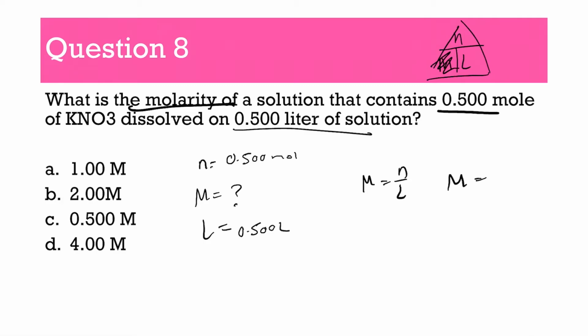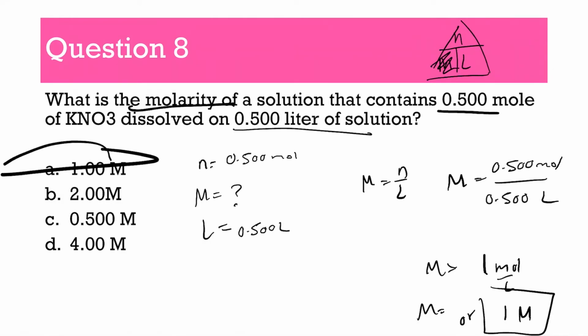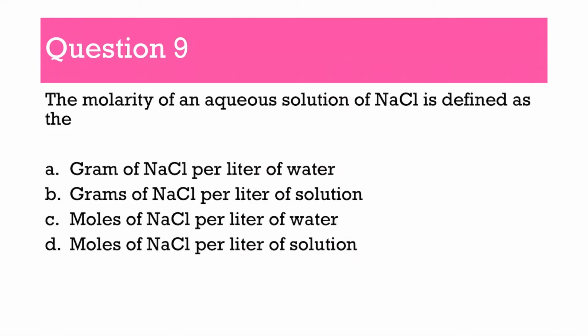So M is moles over liters. M is 0.5 mole over 0.500 liters. 0.5 divided by 0.5 is 1. Moles divided by liters is moles over liters, or you can write it as 1 molar, which is answer choice A.